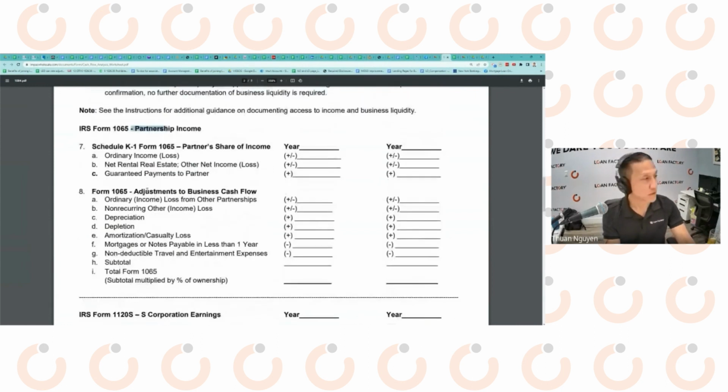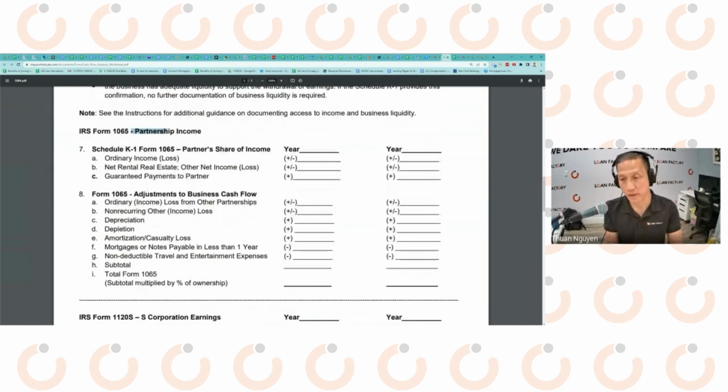Normally a partnership or corporation has one or more owners. Remember this. A company can have one or more owners. When the partnership or corporation files the tax return, they need to tell who the owners are. Is it one owner, two owners, or three owners? If there's only one owner, then the owner will receive a K1, and on the K1, it shows 100%.